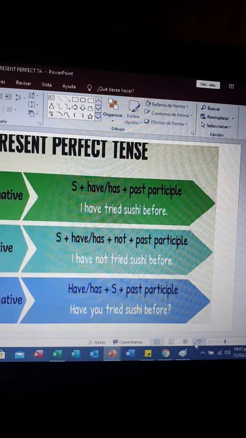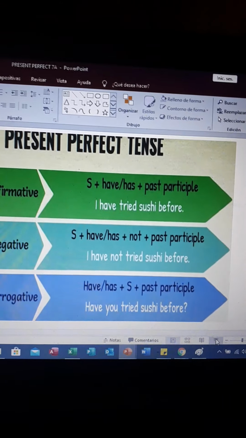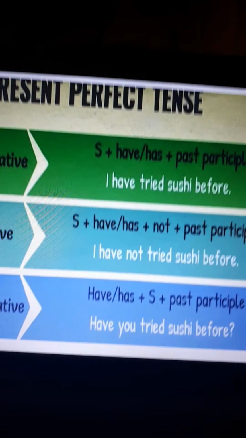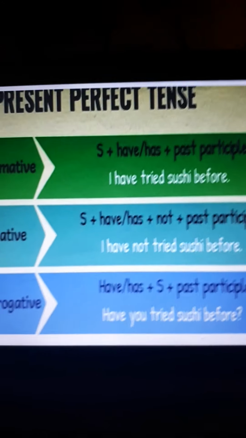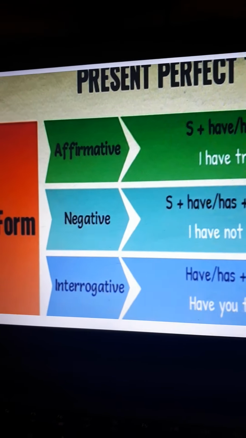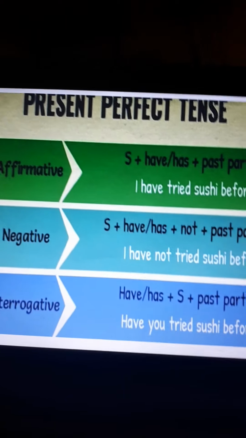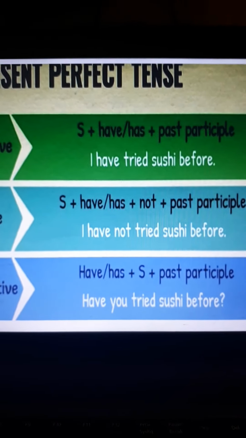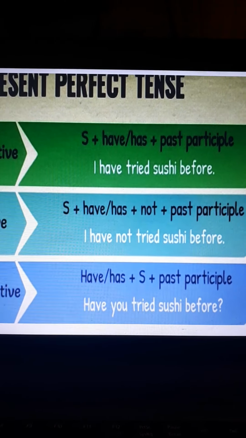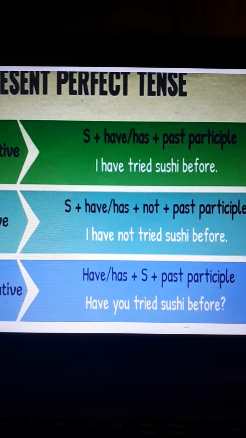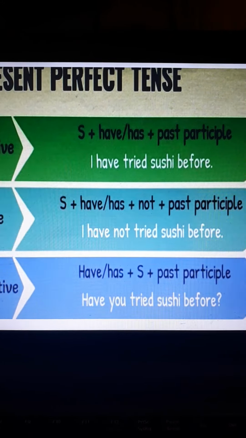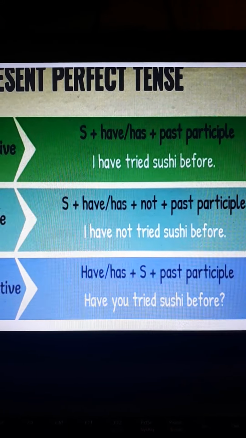how it is written, the structure, I'm sorry, in affirmative, negative, and interrogative, okay. Remember that in affirmative we need, of course, the auxiliary have or has, depending on the subject. I, you, we, and they have.